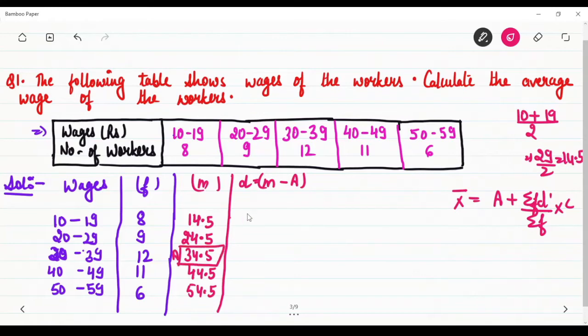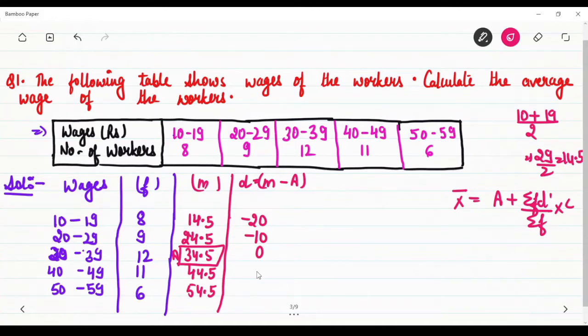We need to subtract the assumed mean from our M or mid value. So when we subtract 34.5 from 14.5, the value that we get is minus 20. We will continue this process with all the mid values. Here we will get 0, then 1 and 2.